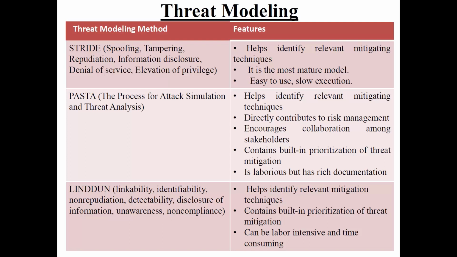So LINDDUN actually starts with a data flow diagram of the system and defines the system's data flow, processes, and external entities. It iterates over all the model elements and analyzes them from the threat point of view. So again, this method can be very, very labor intensive, and it is not very easy to use.